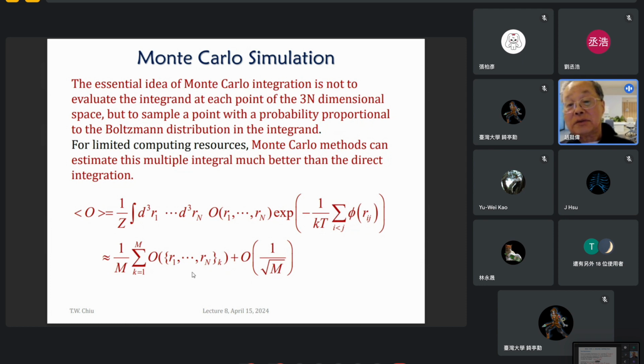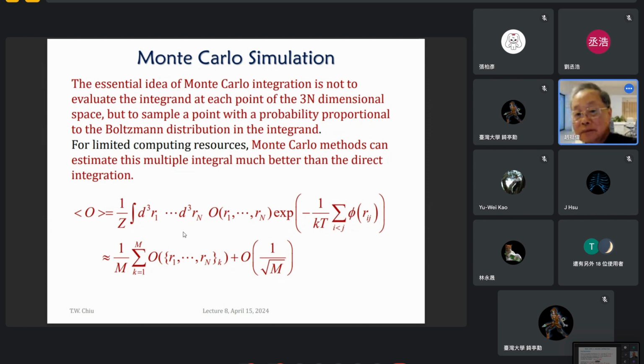With direct evaluation, if you go through all the points, there must be some points whose contribution to the integral is small, the less important points. But you still have to use the same computing resources to evaluate them. So with a fixed amount of computing resources, Monte Carlo simulation always gets a better, more reliable answer than the direct method.